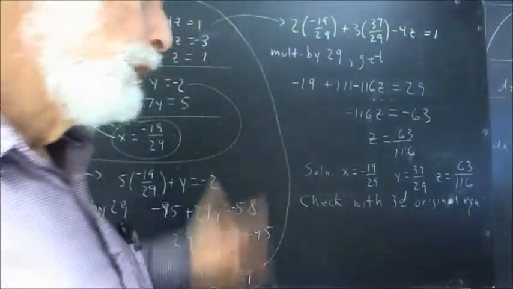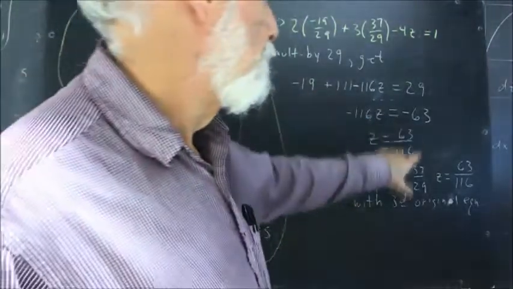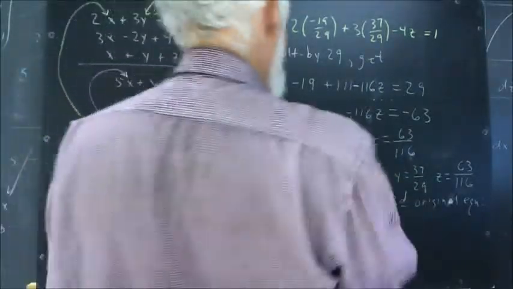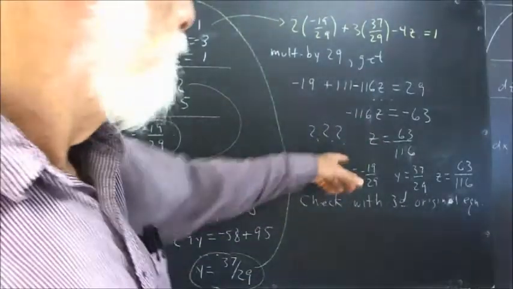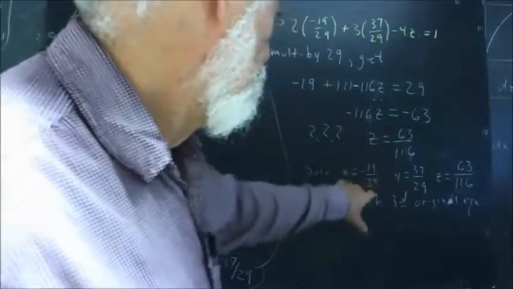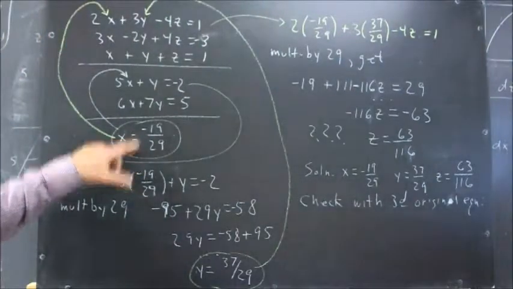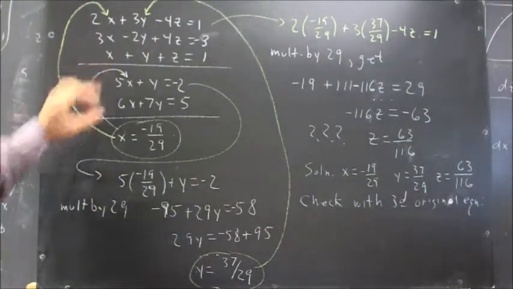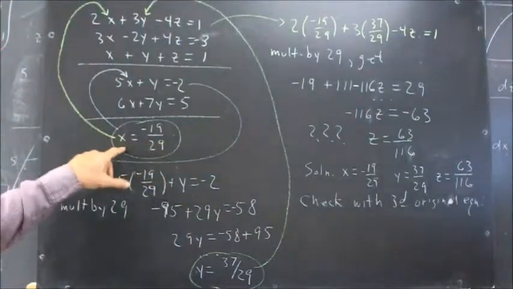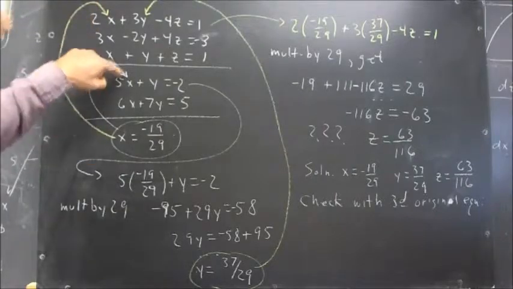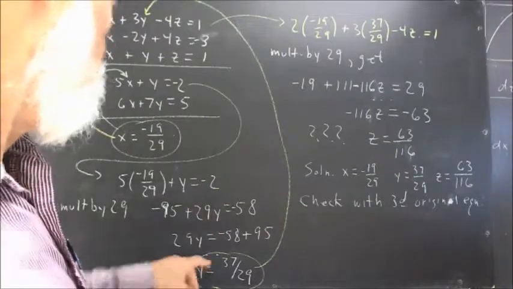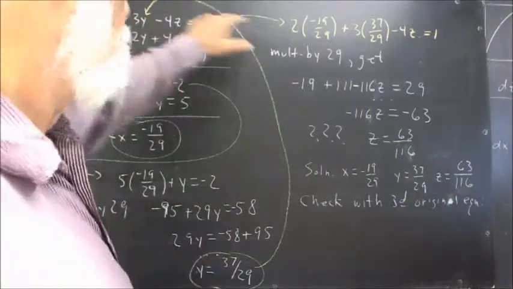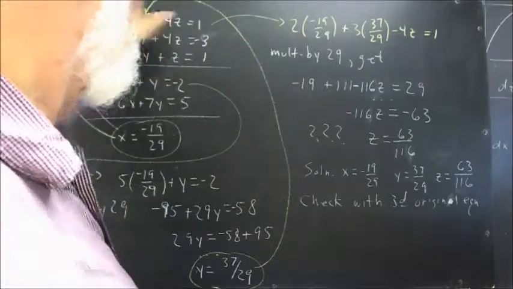I did that in my head. I don't guarantee that this is correct. We get z equals 63 over 116. And I'll put some question marks here. Is that really true? Okay, well, if it is, our solution is x is negative 19 over 29, which we got from our first reduced system of equations, and y equals 37 over 29, which we got by plugging in our x value here and getting this equation, solving for y, and then plugging both our x and our y back into the first of the equations.